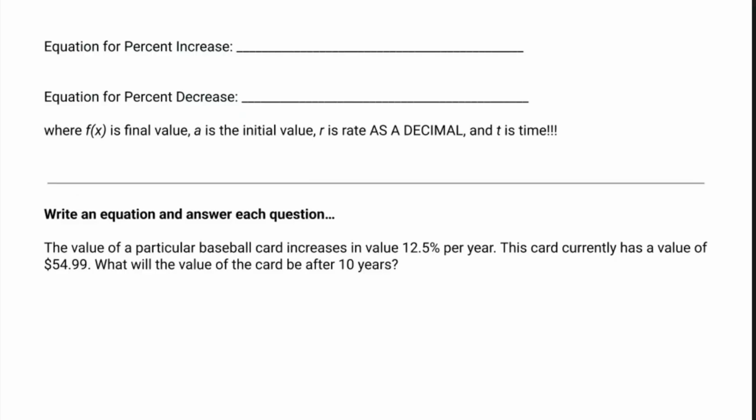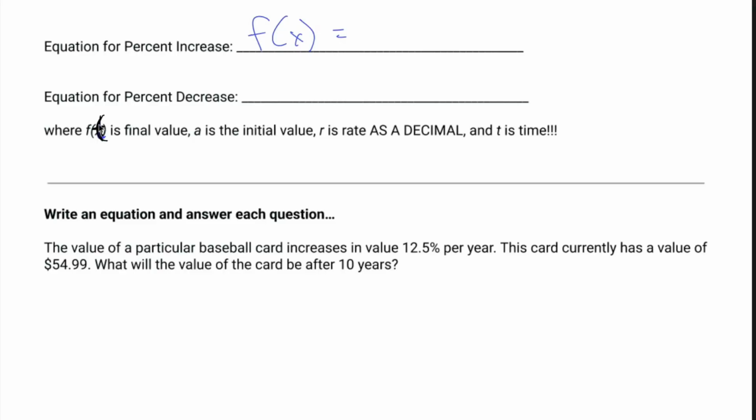All right. Equation for percent increase, equation for percent decrease. Let's use f of x. Actually, it would be f of t. So I need to fix that. F of t, bad job by me.